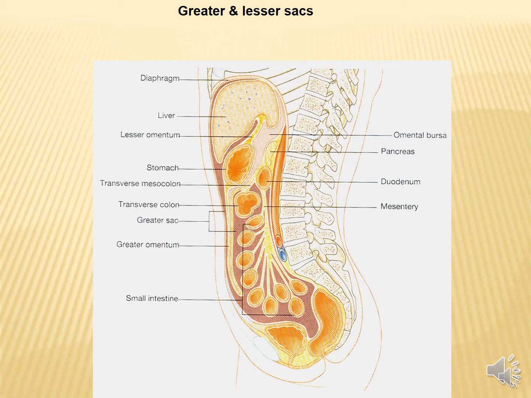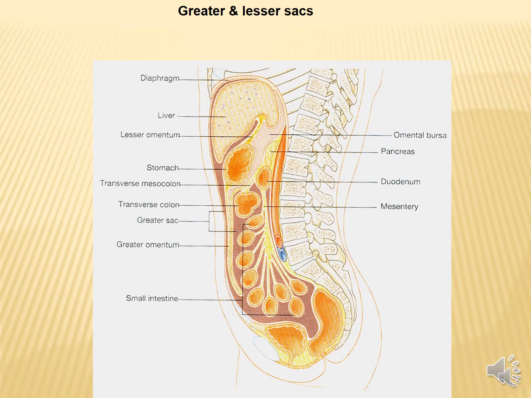These spaces are very important surgically and clinically, and they can tell us the path where infection can go. If there is infection in one viscus, then how far it can go in the greater sac is decided by this reflection of peritoneum and by the subphrenic spaces.